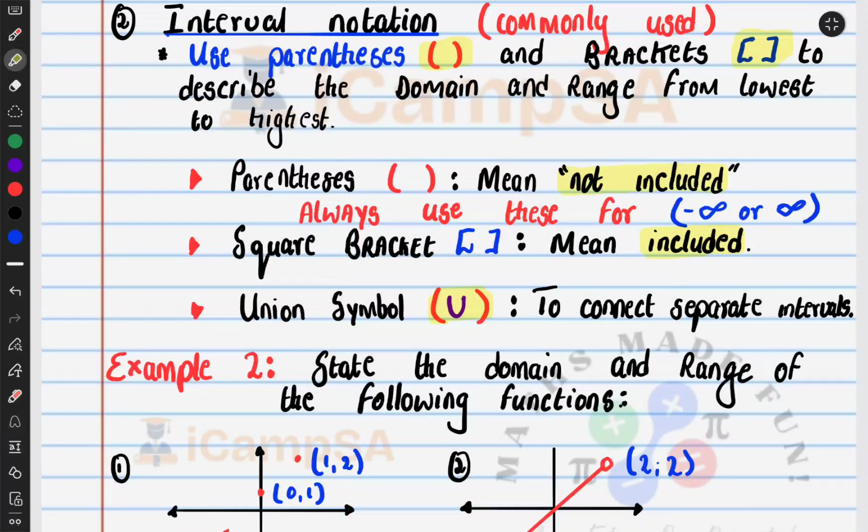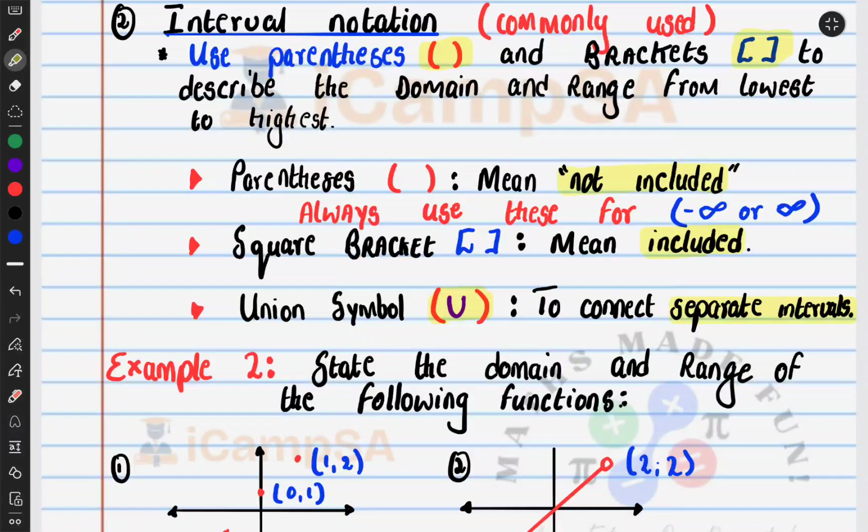The union symbol is used to connect separate intervals, so again, with a hyperbolic function, where there is a break and some value where our function doesn't exist, we use the union symbol to represent our domain and range.